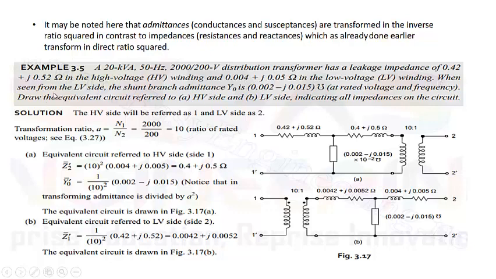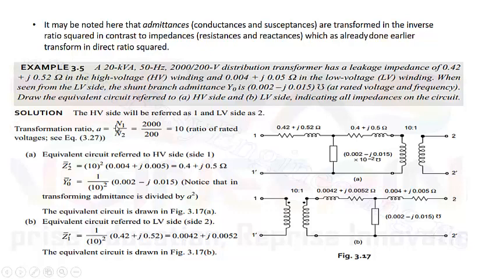When seen from the low voltage side, the shunt branch admittance Y0 is this: Ri is equal to 0.002 and Gi is equal to minus j0.015 at the rated voltage and frequency. Draw the equivalent circuit referred to the high voltage side and the low voltage side, indicating all impedances on each circuit.